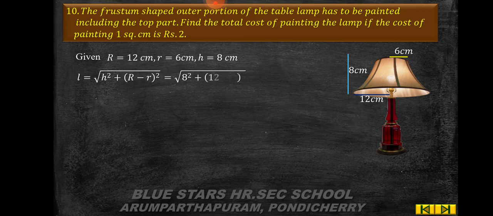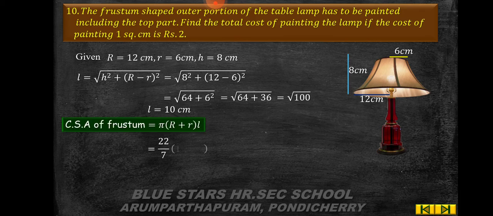L is equal to root of h square plus capital R minus small r the whole square, which is equal to root of 8 square plus 12 minus 6 the whole square, which is equal to root of 64 plus 36, which is equal to root 100. Therefore, the slant height L is equal to 10 centimeter.